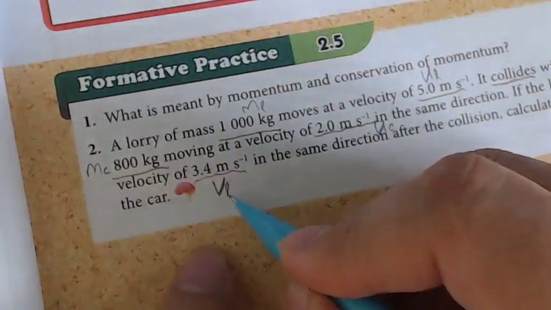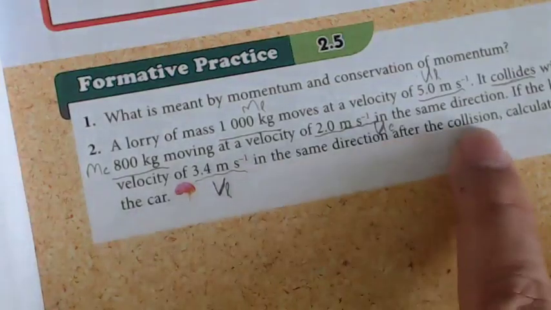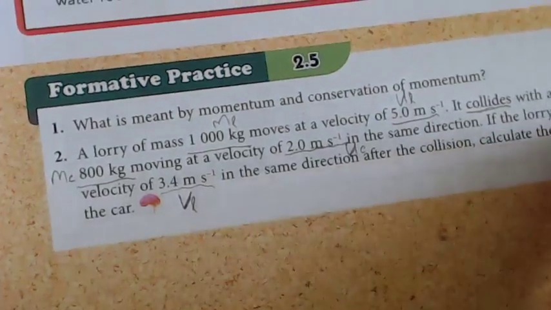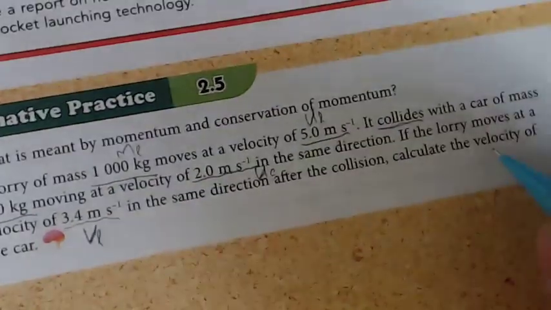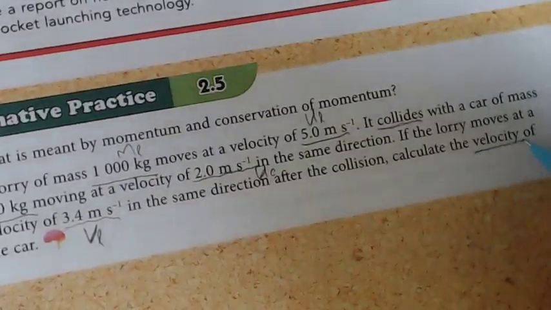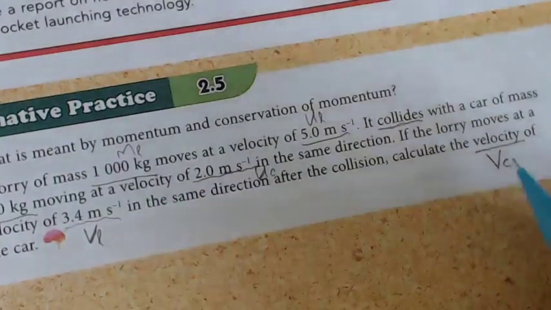VL, lorry, in the same direction after the collision. Calculate the velocity of the car. This time they want you to find the velocity of the car. What is the symbol that we are supposed to use? VC, because it is the velocity after collision of the car, VC.